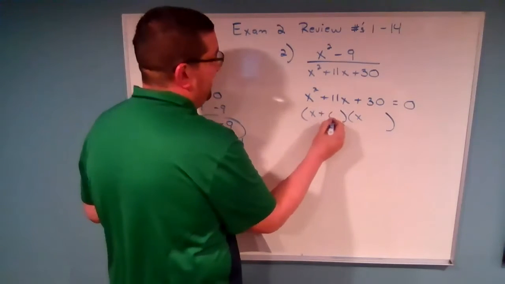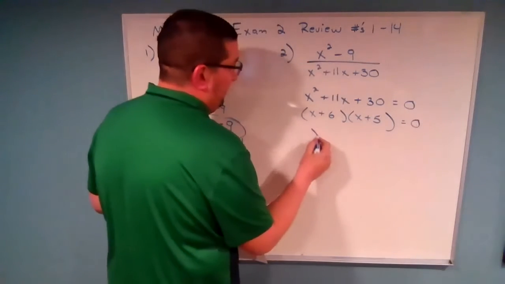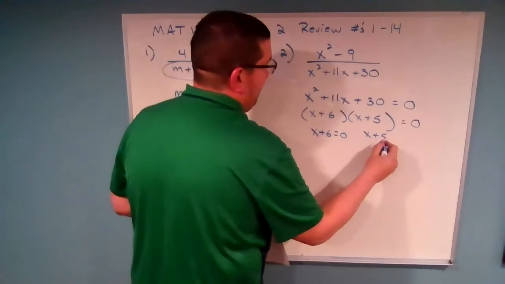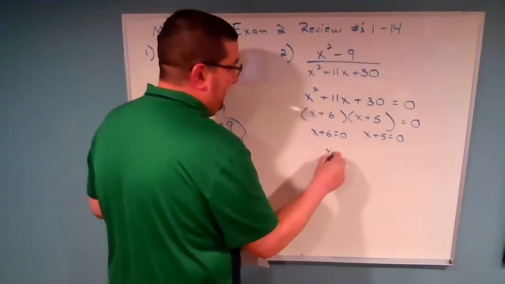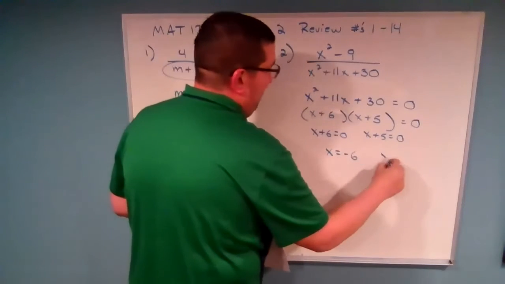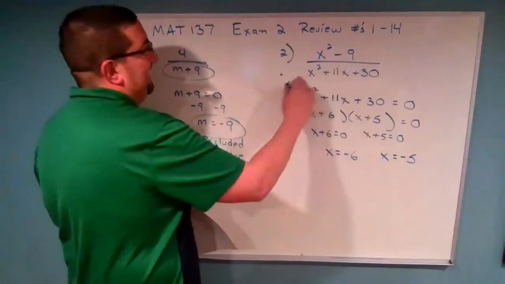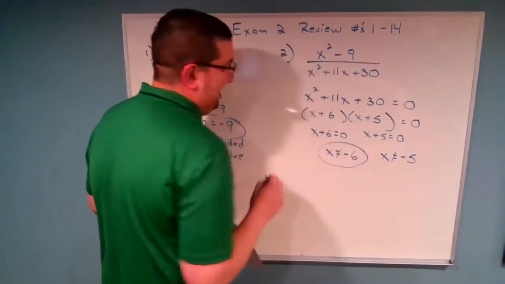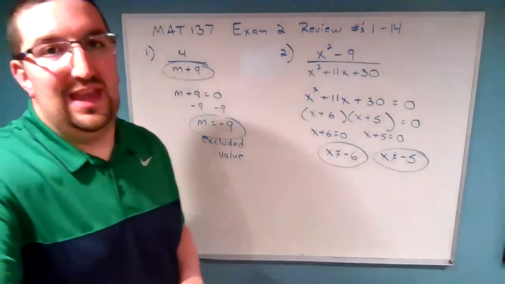That would be x plus 6, x plus 5. We set each of those equal to 0, and we solve by subtracting 6 and subtracting 5 and figure out that -6 and -5 make the denominator 0. So our excluded values: x cannot equal -6 and x cannot equal -5.